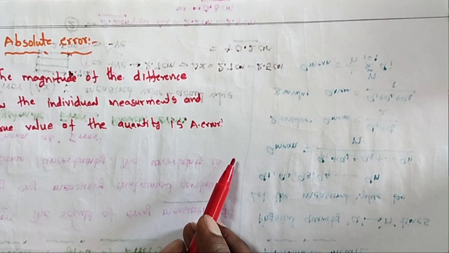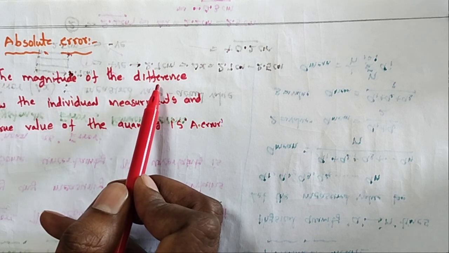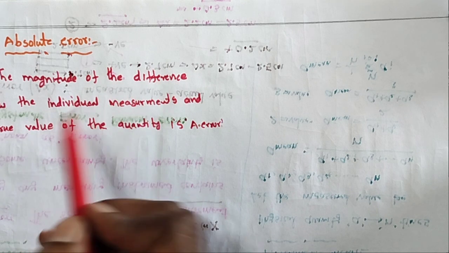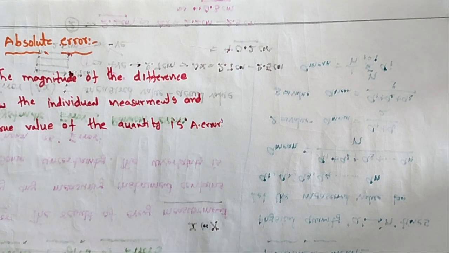So the magnitude of the difference means we subtract the true value from the individual measurement, and that is called absolute error.